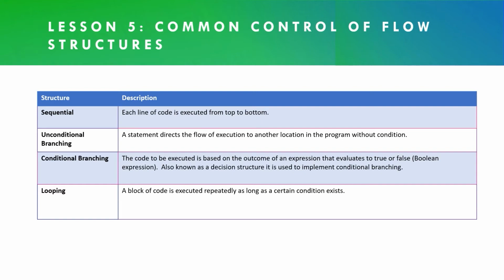You're going to learn about conditional branching. The code to be executed is based on the outcome of an expression that evaluates to true or false, a Boolean expression. That's also known as a decision structure, and it is used to implement conditional branching. And then we have our looping structure, in which a block of code is executed repeatedly as long as a certain condition exists.